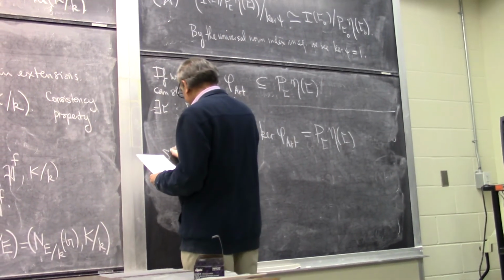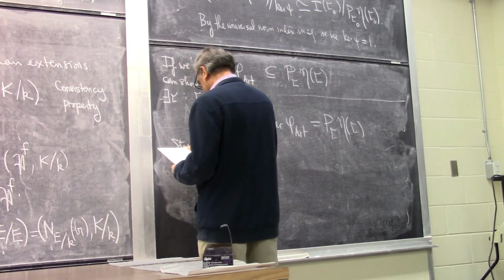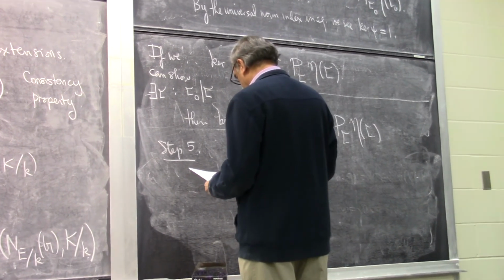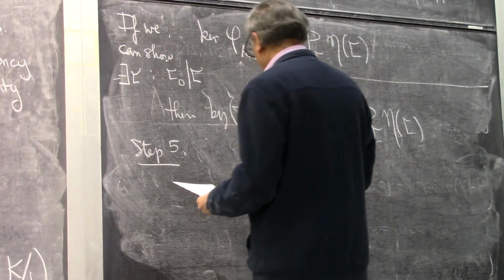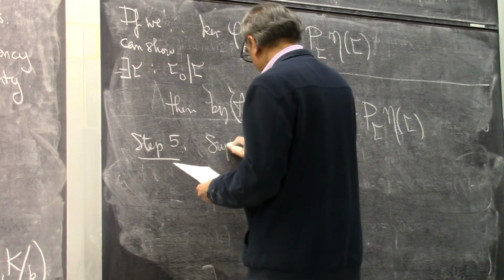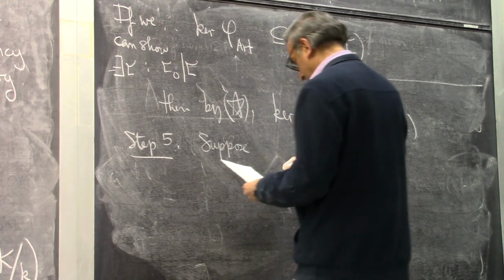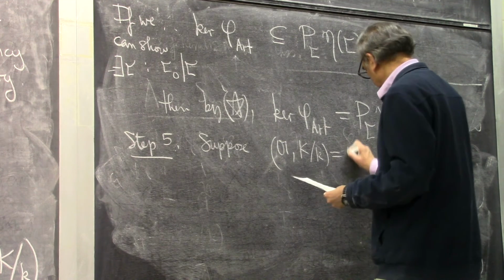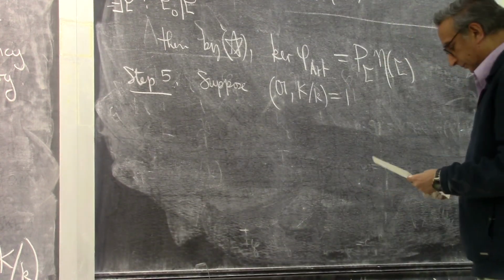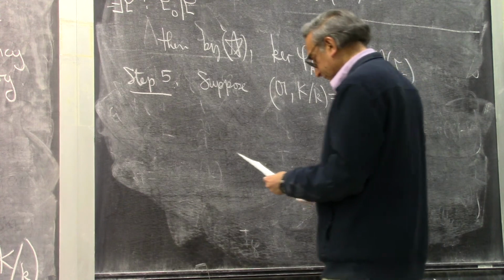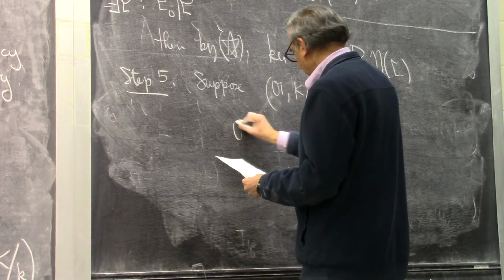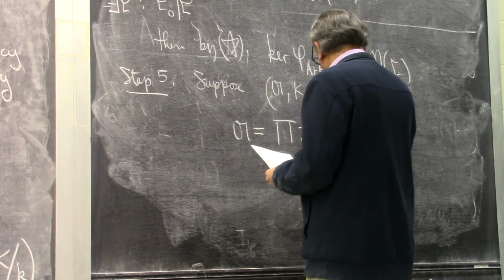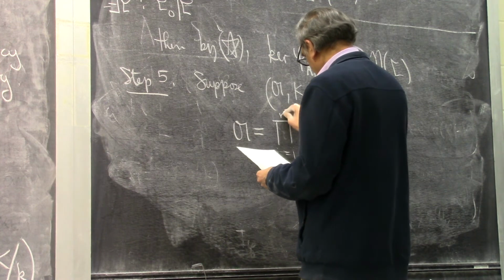And step 5 is basically to say that suppose we have an element in the kernel, and we write our ideal A as a product of prime ideals P_i to the v_i, i going from 1 to r, distinct prime ideals.